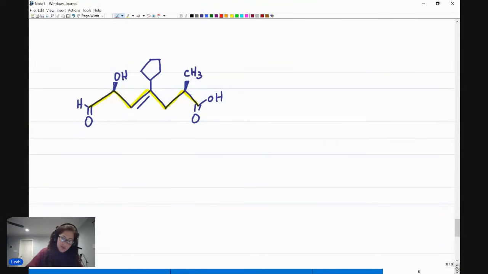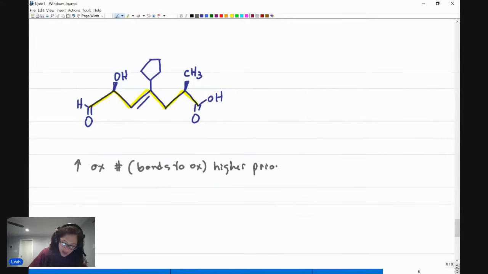All I have to do is identify, hey, carboxylic acid, highest priority. And here is a trick for you. The higher the oxidation number, meaning the bonds to oxygen, is going to be the higher priority.